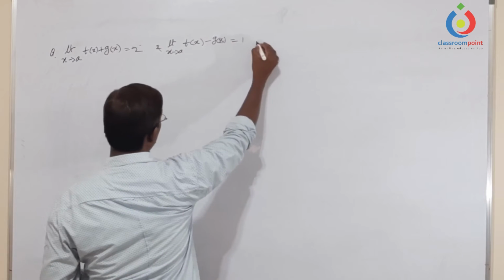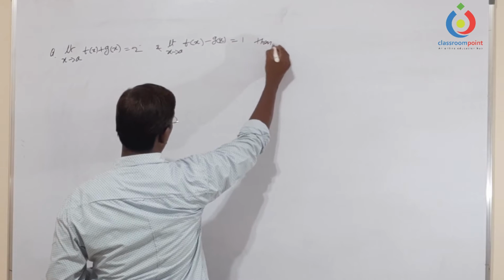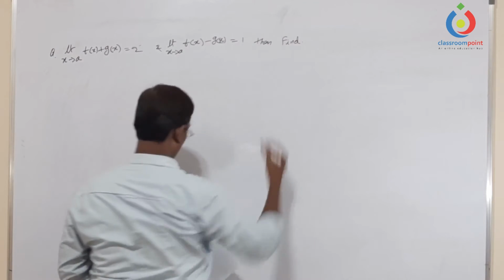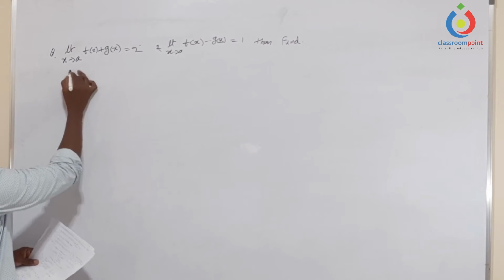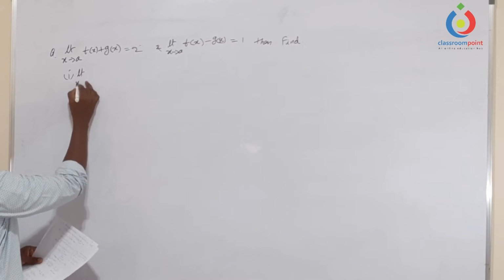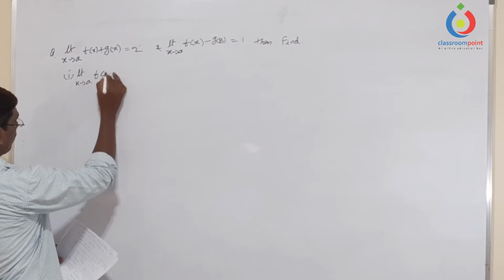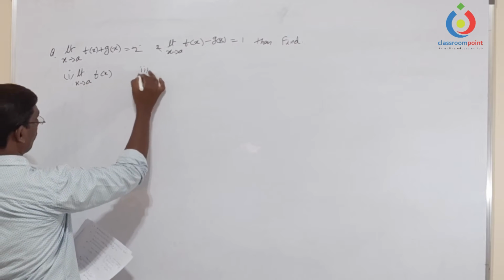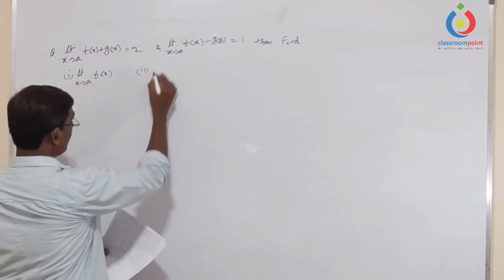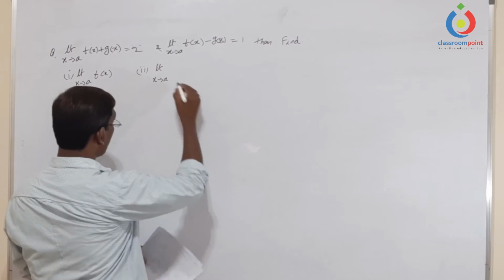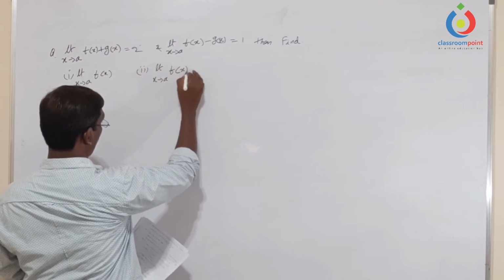Then find: first question, limit x tends to a of f of x. Second one, limit x tends to a of f of x into g of x.